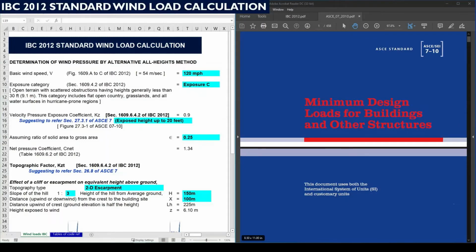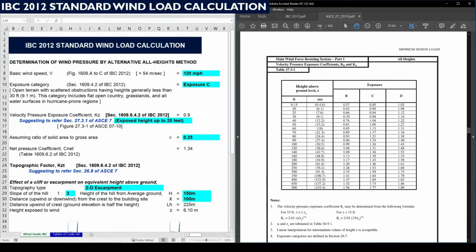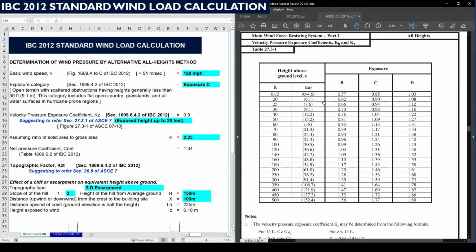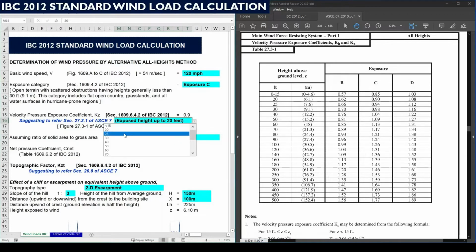On the screen, right hand side, you can see ASCE 7-10, which is the code to be referred now for the velocity pressure coefficient. For section 27.3.1, we need to go to page number 308. So here is a pressure coefficient which depends upon the exposure category and the height of the structure. Here we can consider the height of the structure as 20 feet for our demonstration purpose.